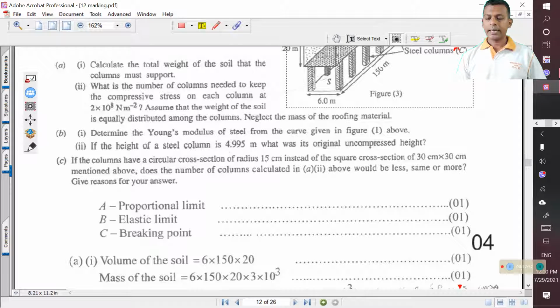Then part B. Determine the Young's modulus of the steel from the curve given in figure 1 above.